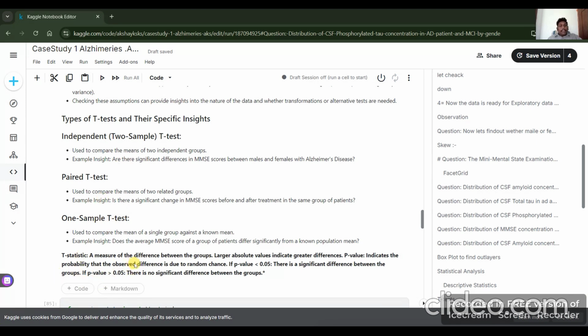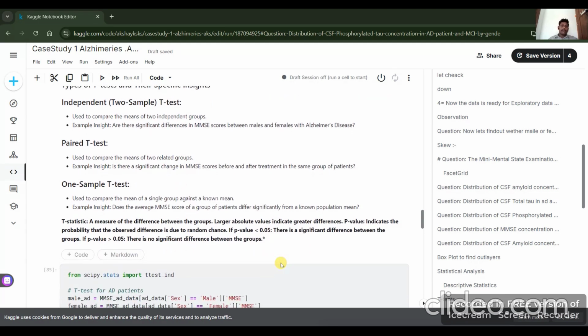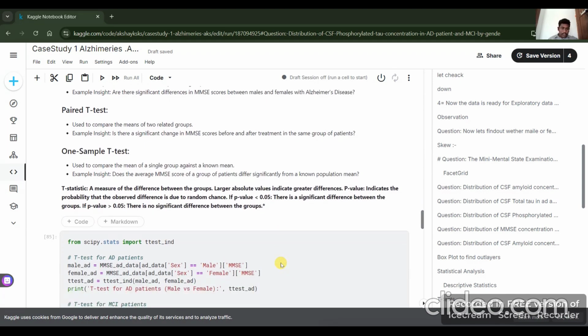If the p-value is less than 0.05, there is a significant difference between the groups. If the p-value is greater than 0.05, there is no significant difference between the groups.